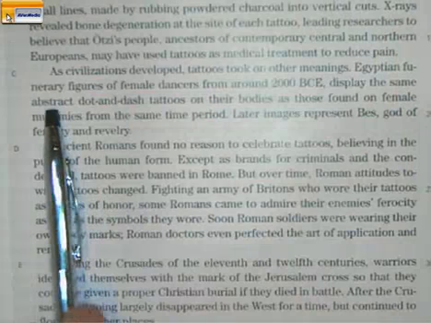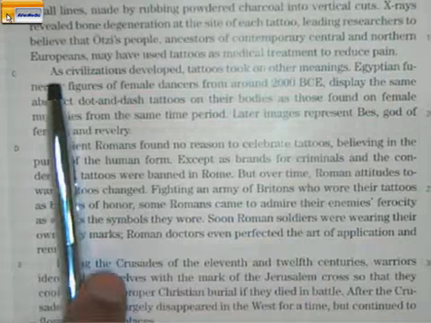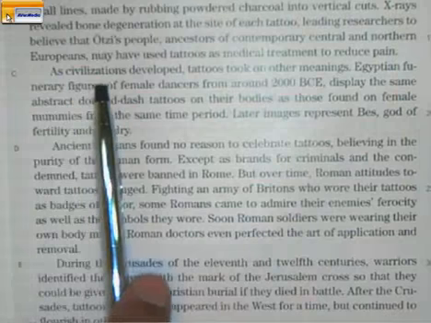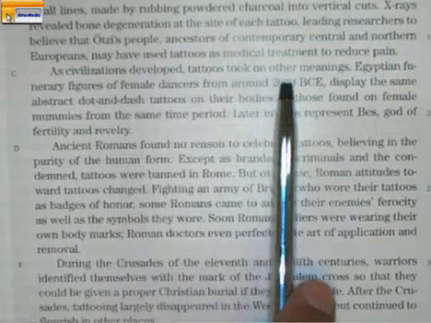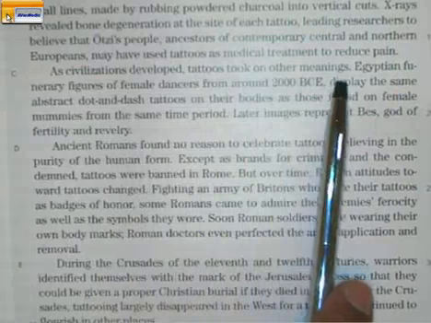Right there. So if you go to the beginning of the sentence or the paragraph: as civilizations developed, tattoos took on other meanings.